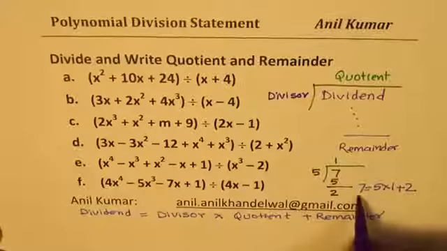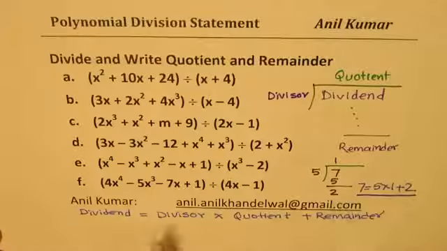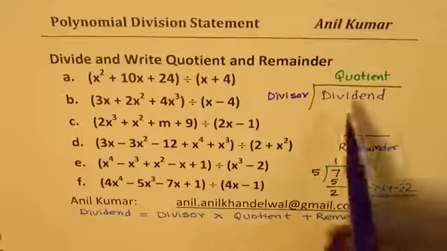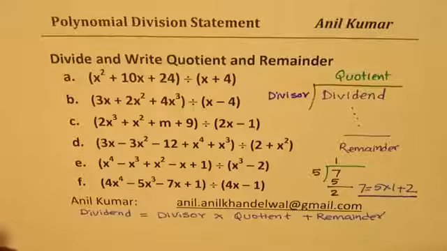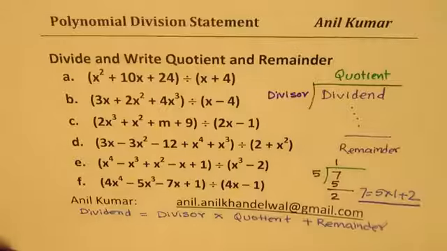Exactly same, but instead of numbers, now we have polynomials. And we call it polynomial division. And this statement here is called polynomial division statement. Is that clear? Now let's take one by one all these examples and then further understand the details of how to divide polynomials.